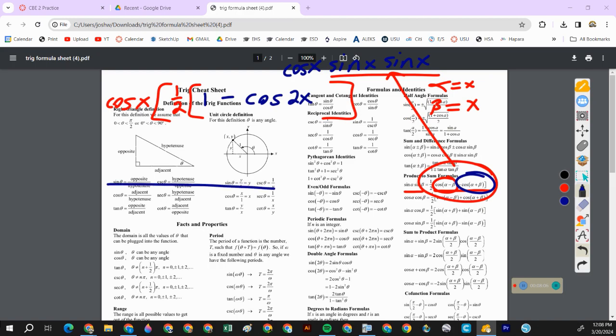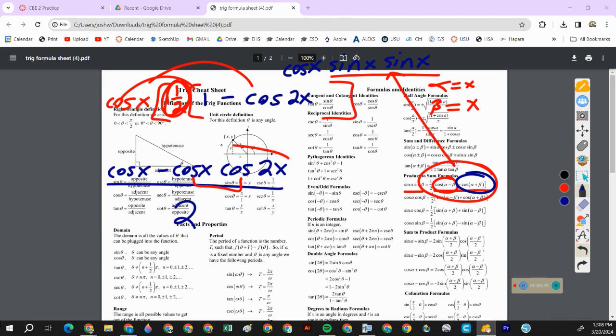So I'm going to put everything over 2. That's the 1/2. And I'm going to distribute this in. So the left side is the cosine of x, and the right side is the negative cosine of x cosine of 2x. And these don't mix. They're using different angles, so we can't mix them.